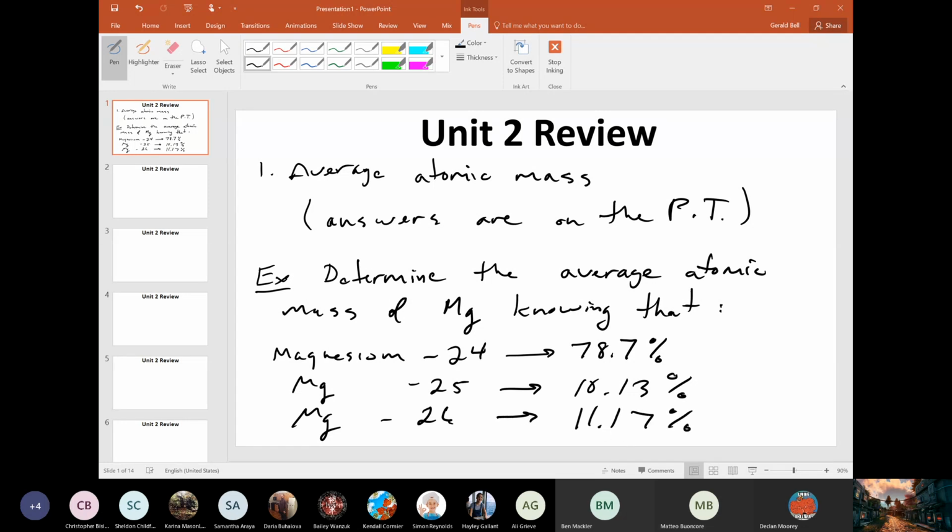Those percentages should add up to 100%, or pretty close to 100% anyway.